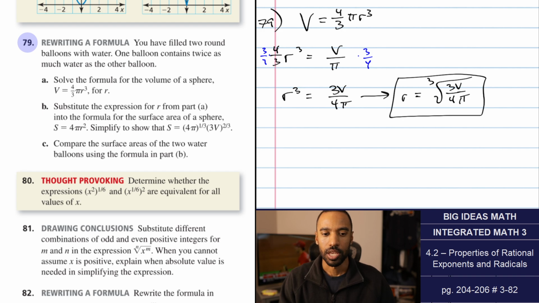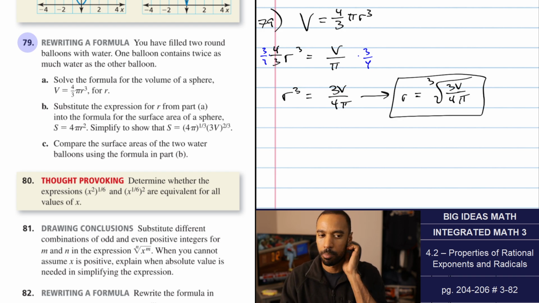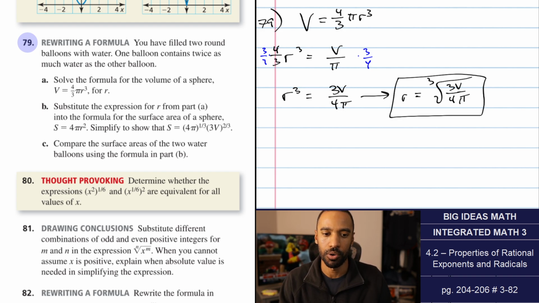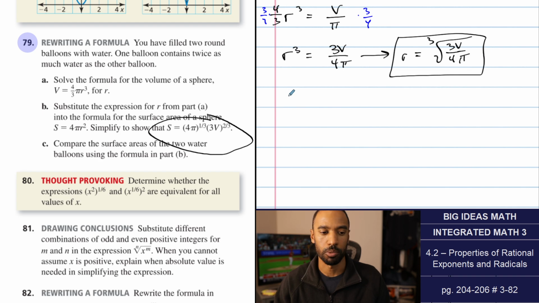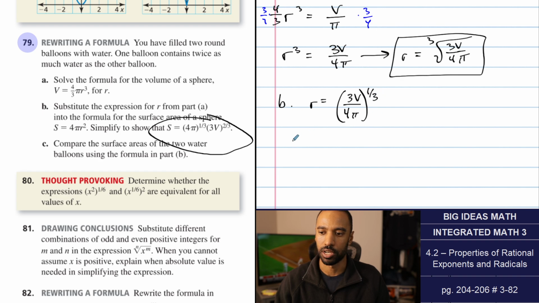Part B. Substitute the expression for r from part A into the formula for the surface area of a sphere, S equals 4 pi r squared, simplified to show that S would equal this thing. Notice they have fractional values, so maybe we want to turn r into a fractional exponent as well. So r can also equal this to the 1/3 power. That's just another rewrite.